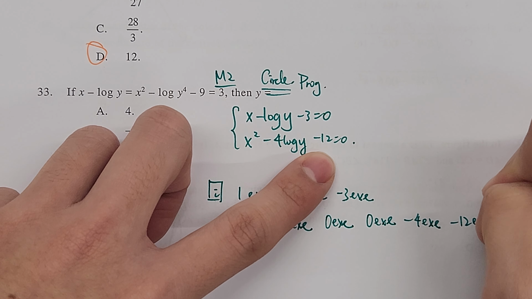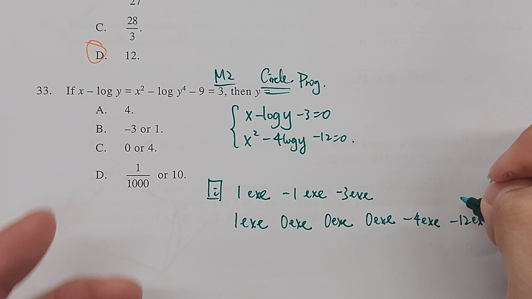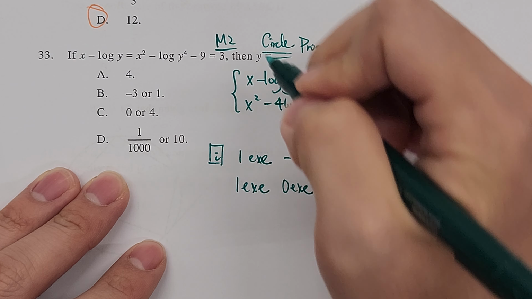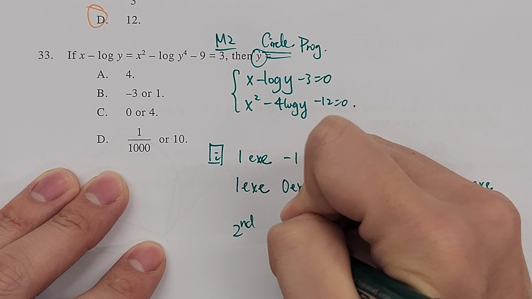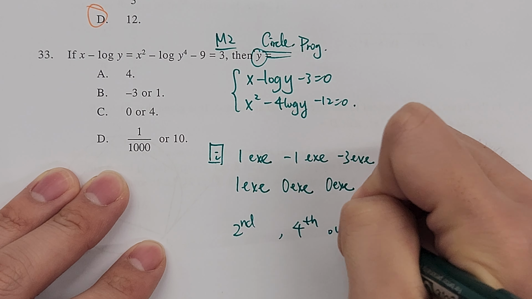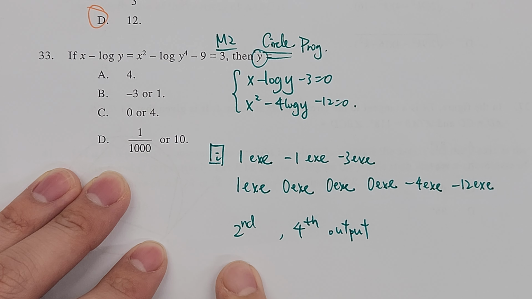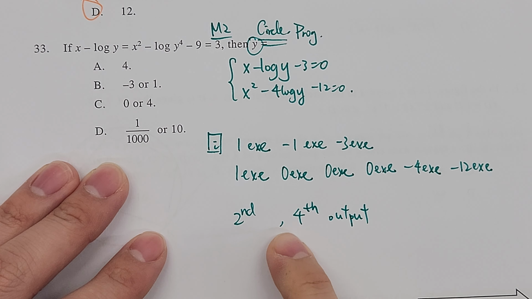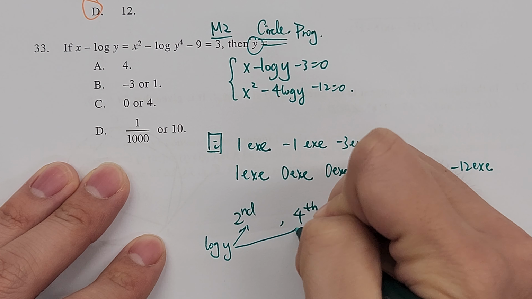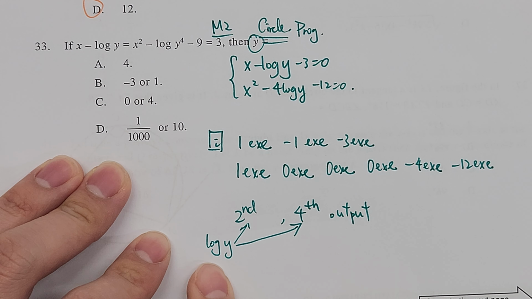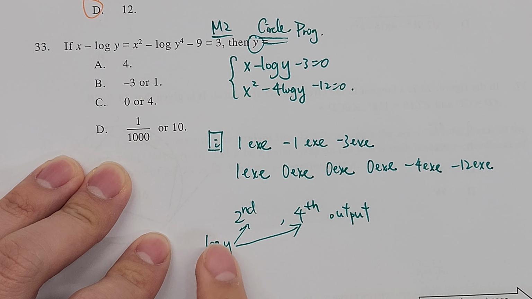Negative 12. Then what is your output? Because we need the y here, we want the second and the fourth output. But the second and the fourth outputs are the log y outputs, so later on we have to take the exponential.